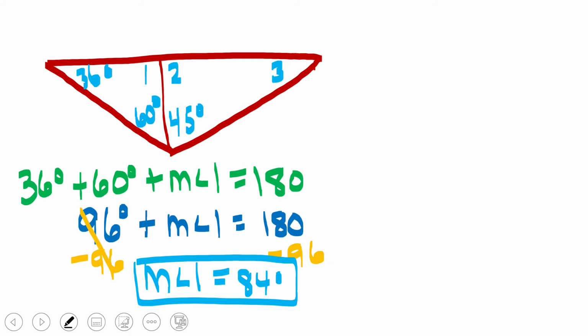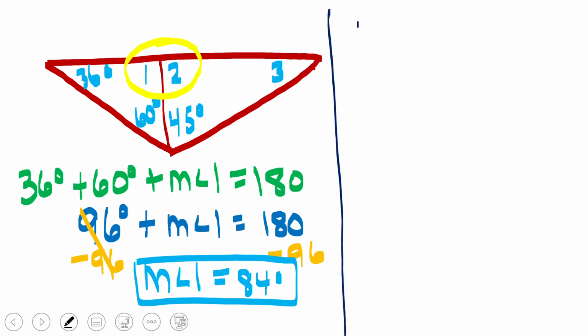Now we know the measure of angle 1, and we know the measures of angle 1 and 2 are linear pairs. They're supplementary. That means that they are also equal to 180 degrees on the line. So if that is true, then very simply, we can add the measures of angle 1 and angle 2 and set them equal to 180 to solve.